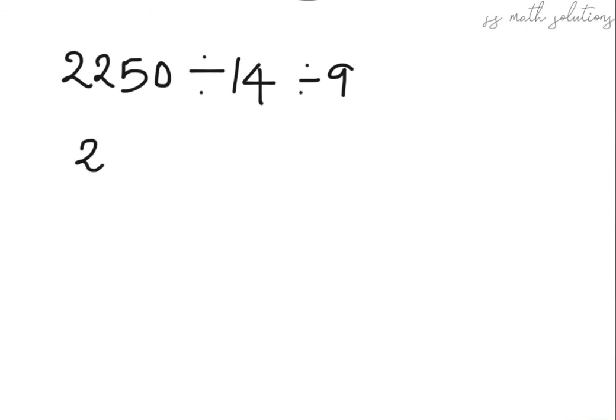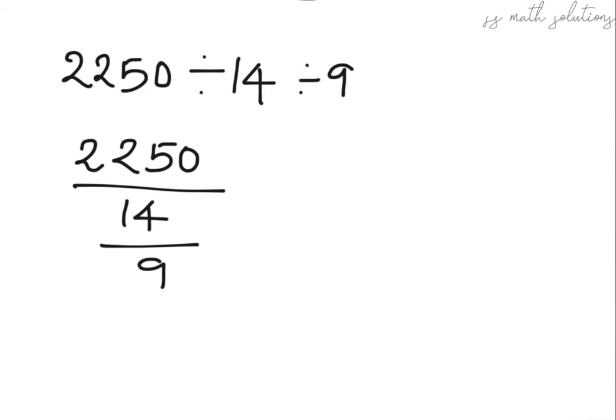I already explained in some other videos how these two divisions will come. Every number, if you are taking any number, its denominator is 1 itself. So here the 9 also has 1 as its denominator.